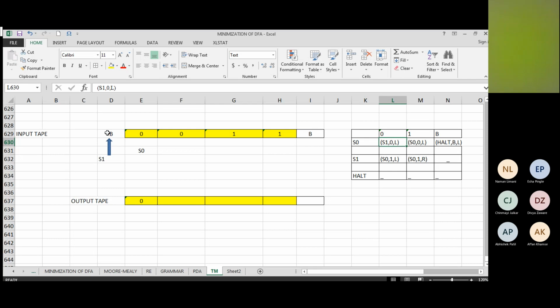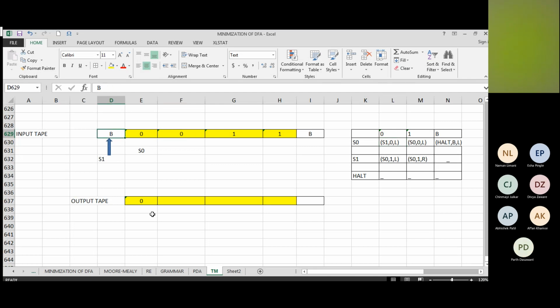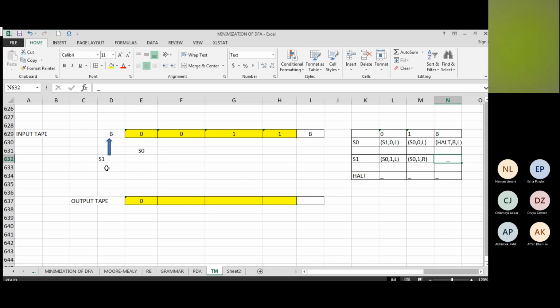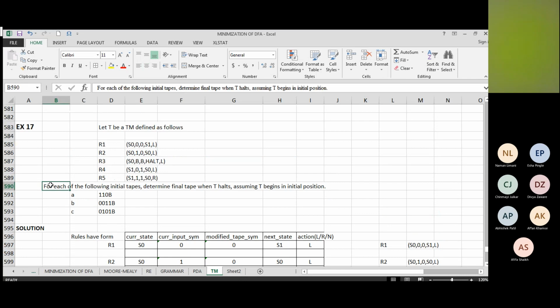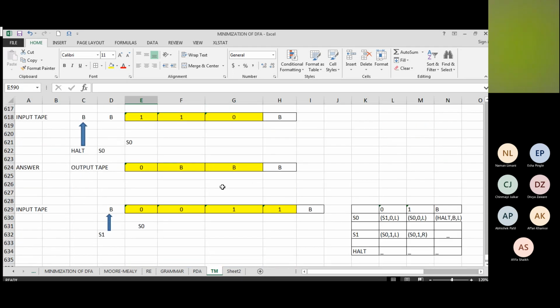On the left, what symbol is it finding? Blank. Whether for S1 blank is defined? It's not defined. Whether it is reaching halt state? It's not reaching the halt state. What it says, for each of the following initial tapes, determine final tape when T halts, assuming T begins in initial position.